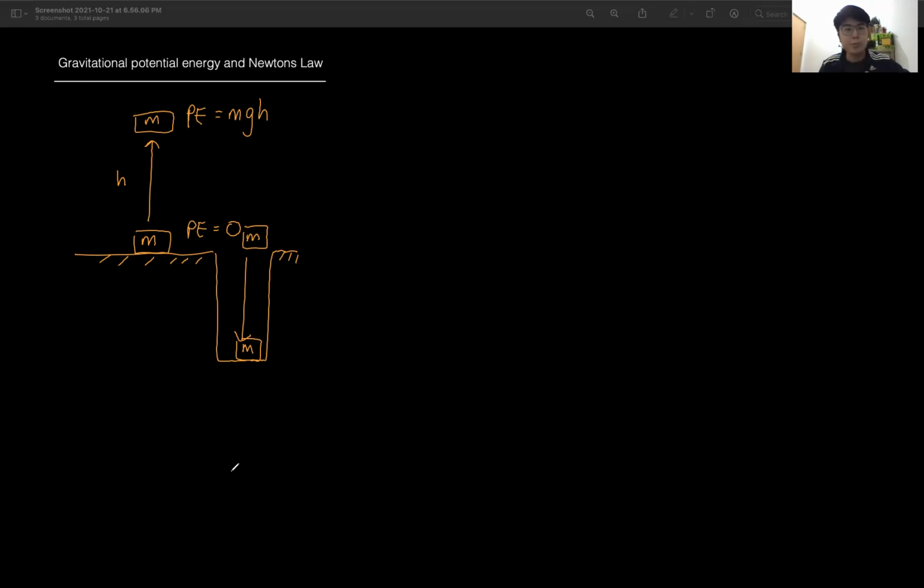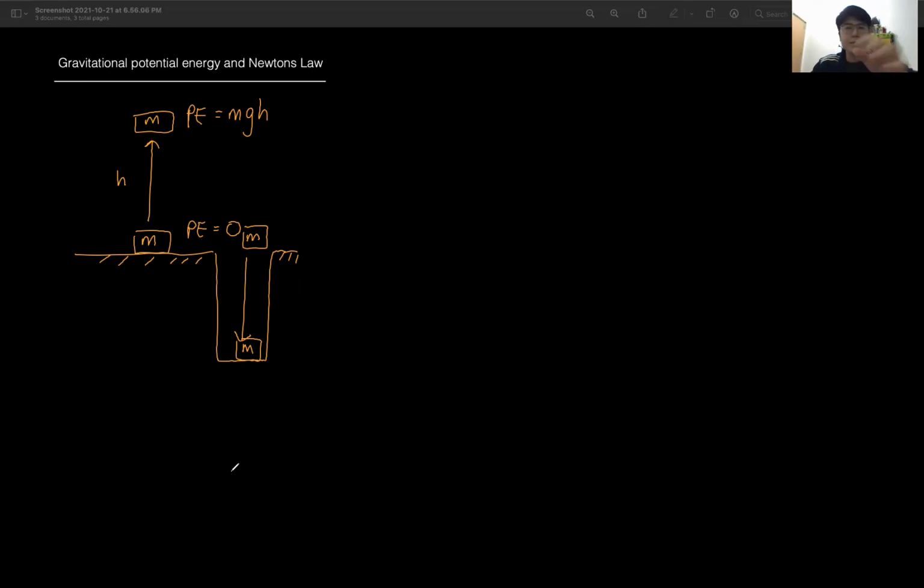We actually got two. Another 0 point, where is it? Another 0 point is very far away, almost outside the gravitational field of the planet. Because if you are outside the gravitational field, there's no force of attraction, there's no gravitational interaction, so gravitational energy will be zero.